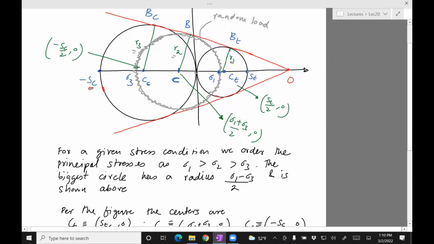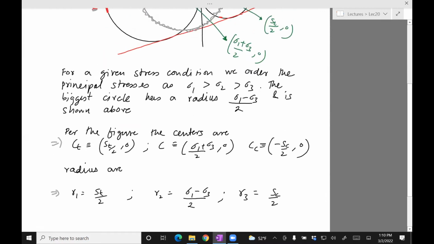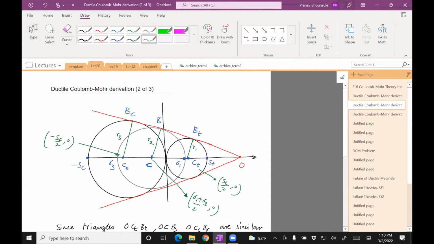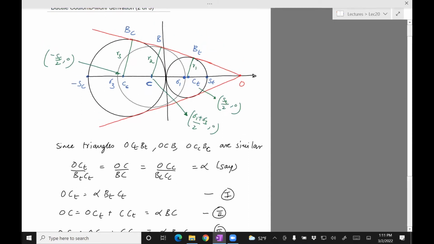So you pretty much know R1 and R3, and R2 comes from the fact that it is sigma 1, the maximum stress, minus sigma 3, divided by 2. And once you get the centers and the radii, then you can make arguments about similar triangles. This triangle is similar to this triangle, which is similar to the longer triangle.